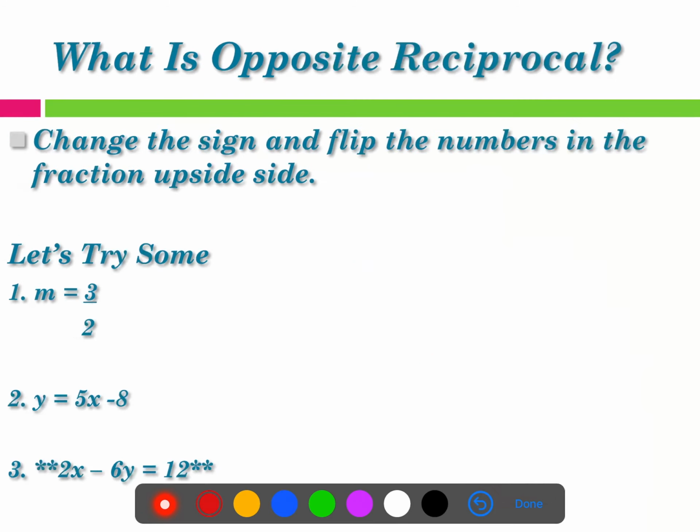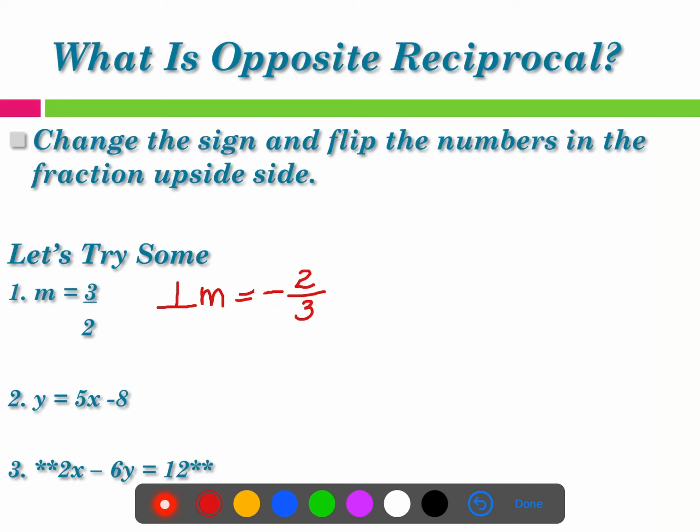So let's take a look at some slopes here and see if we can figure out the perpendicular. If the original slope is 3/2, the perpendicular slope, and that's just the symbol for perpendicular, if this is positive, my perpendicular slope should be negative, and the reciprocal is 2/3.